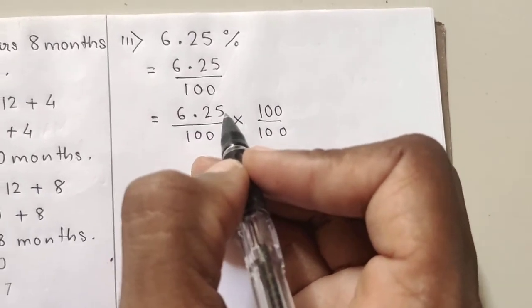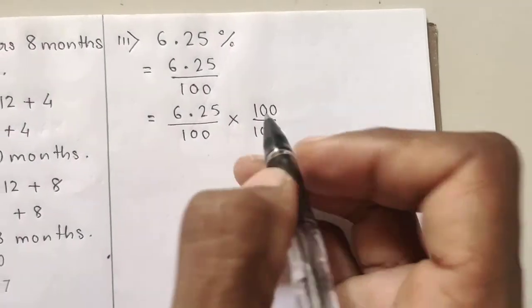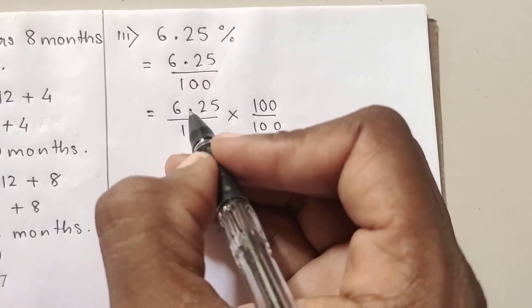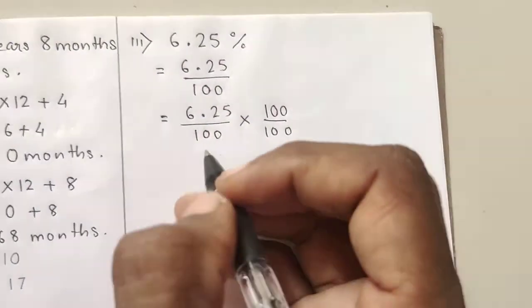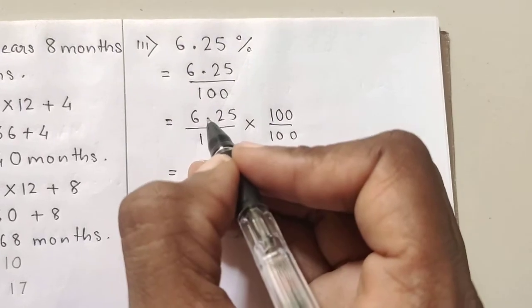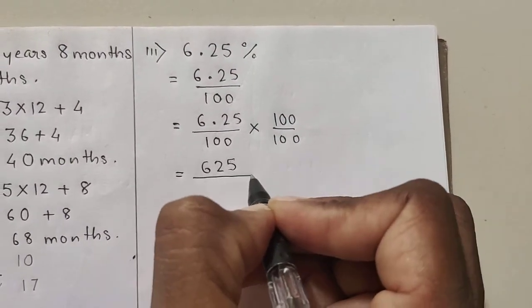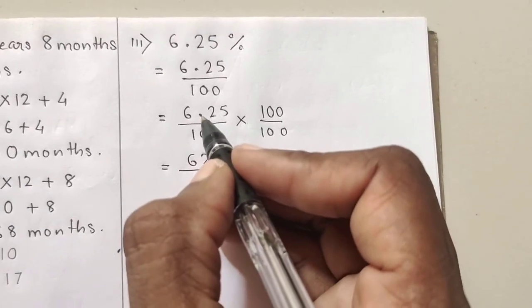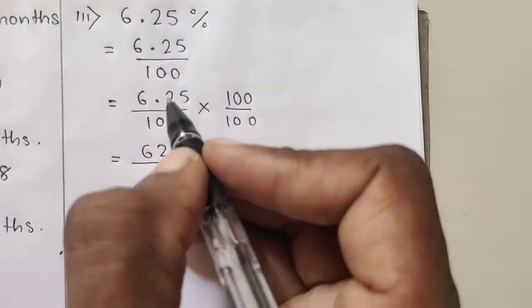If there are 3 digits, then you have to multiply and divide by 1000. But in this case only 2 digits are there, so multiply and divide by 100. If you multiply, this point will go. So you are going to get 625, because multiplying by 100 removes the point.